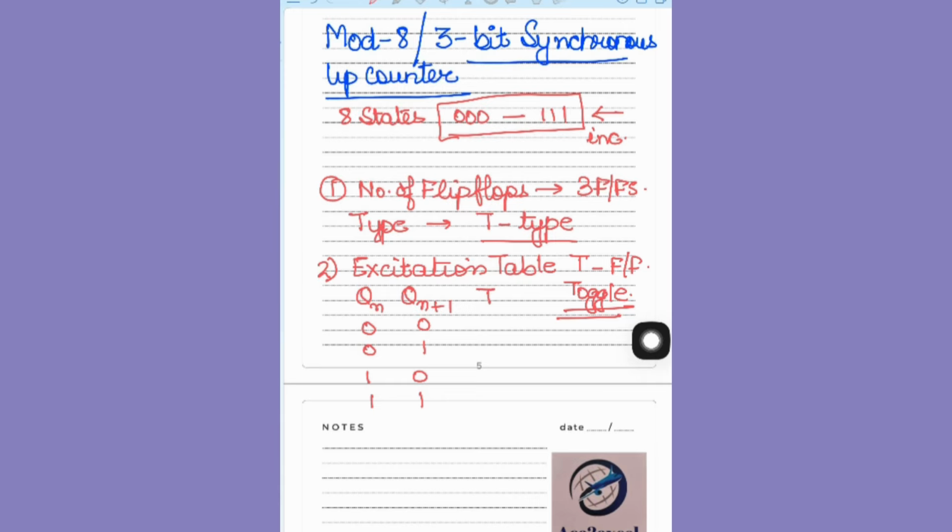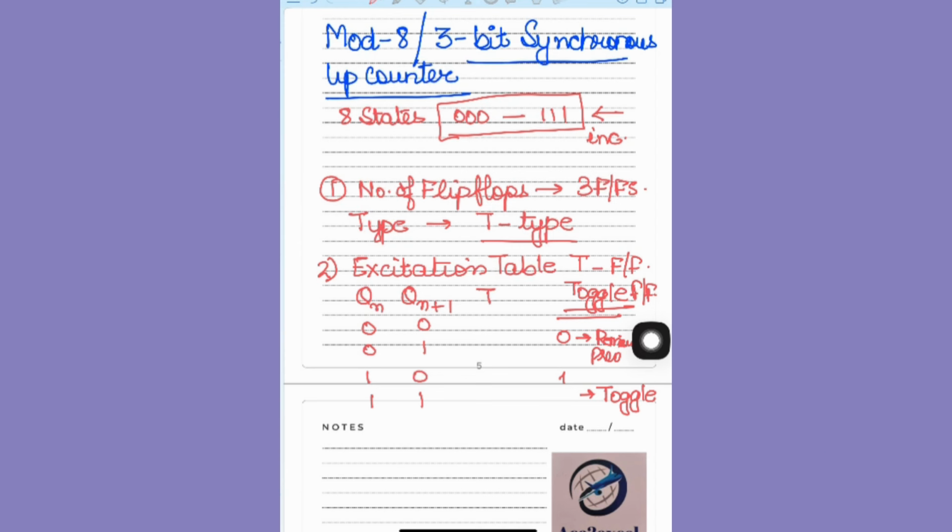The concept of toggle flip-flop is that if the value is 0, it remains in the previous state. And if the value is 1, it toggles. That is, if it is previously 0, it will change its state to 1. If it is previously 1, it will change its state to 0.